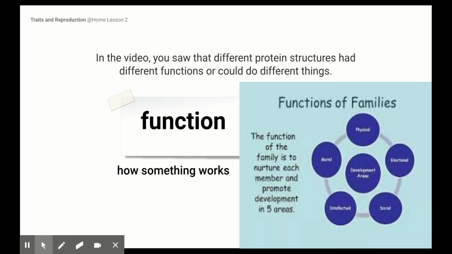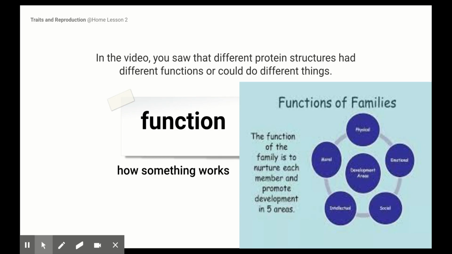Function. How something works. You know, family. What is the function of a family? You know, it's supposed to protect you, right? A family's supposed to protect you. That's the function of a family. It's supposed to be fun because you're supposed to interact with each other and take care of each other and grow.